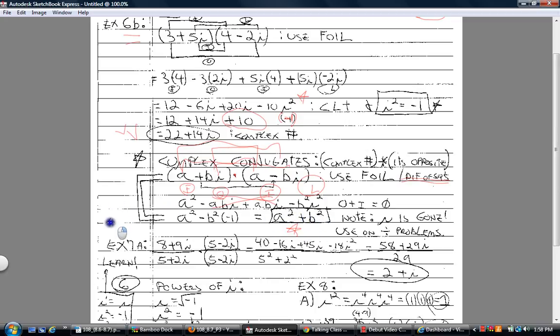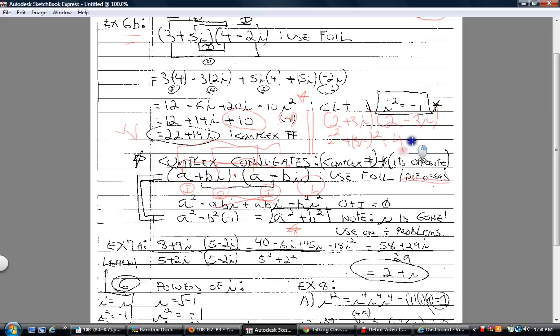Okay, now the reason they're showing this for you is, let me see if I can squeeze this in here real quick. What if I gave you 2 plus 3i and we multiply by its conjugate 2 minus 3i? Okay, so let's take the first term and square it, 2 squared. Then let's take 3i and square it.